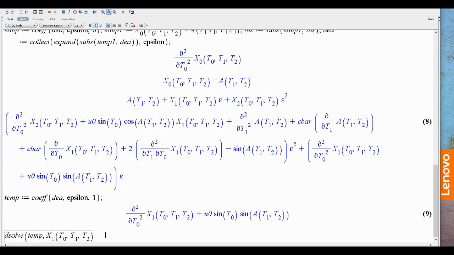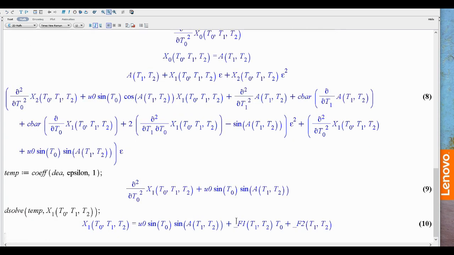And Maple is clever enough, gives us an answer, but this f1 and f2 can be set to 0. f1 has to be set to 0 because otherwise the expansion will break down. f2 we can keep, but we don't need to keep.